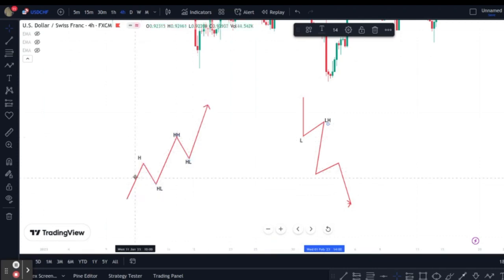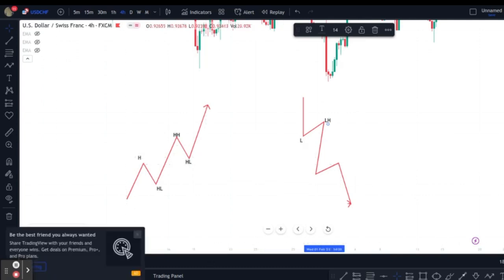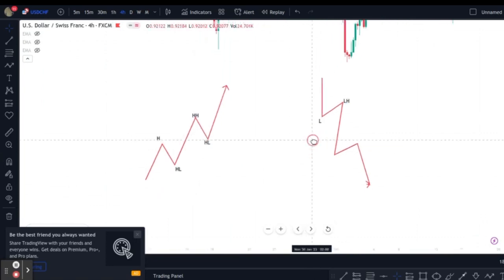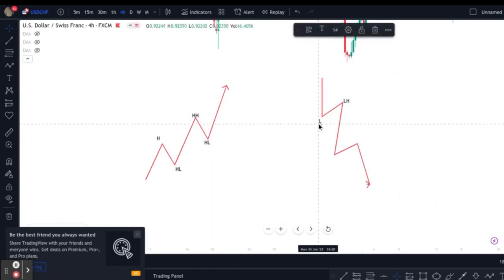So when the market is going down, it forms a low that is going down, then the retracement which goes up means lower high, then a new low means lower low. You understand? A new low means lower low.